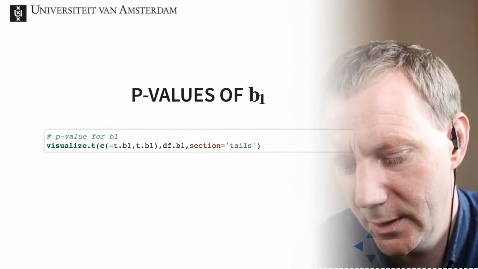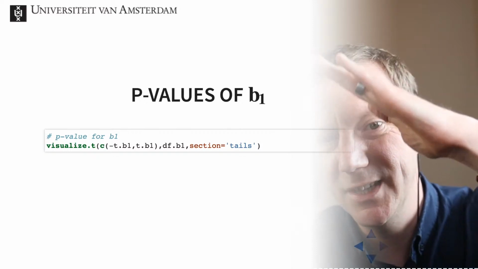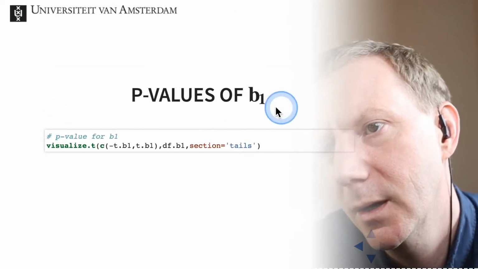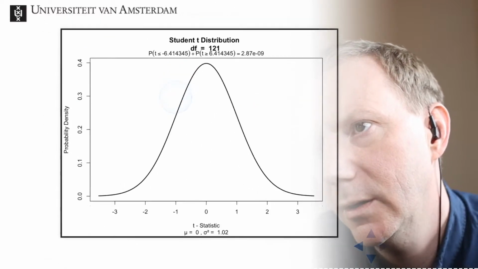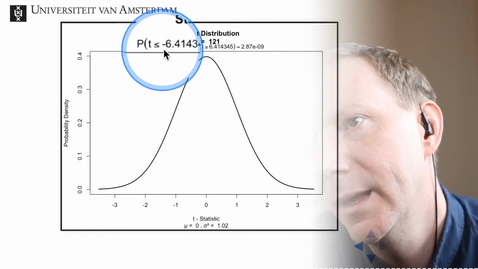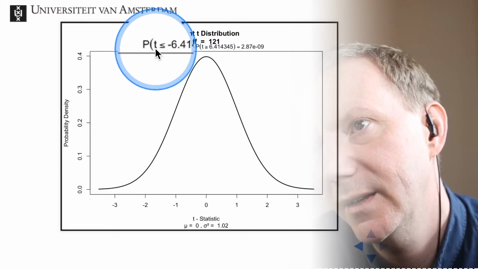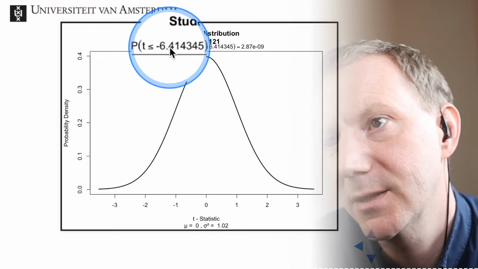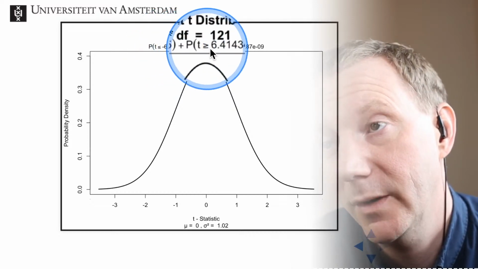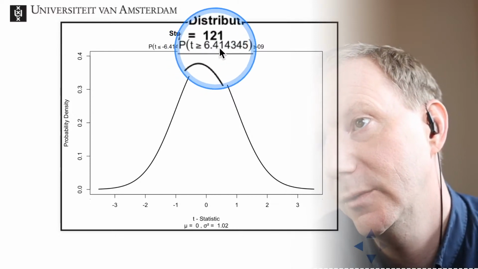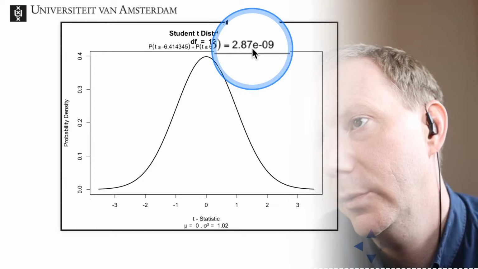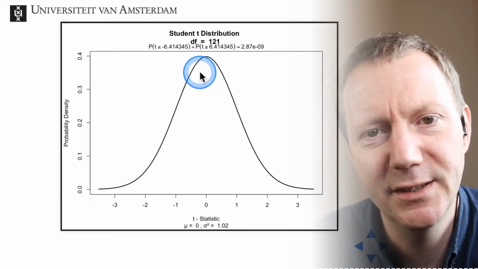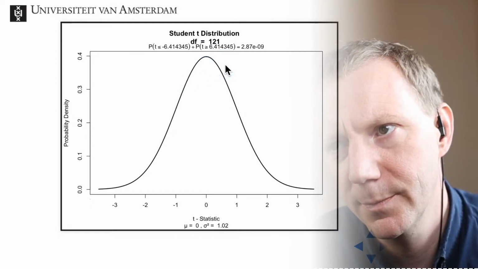But for B1, this one is of interest. We do want to know what the relation is between those two variables. And we found a t-value of 6.4. If we test two-sided, the probability of finding a t-value less than or equal to minus 6.4 plus the probability of finding a t-value higher than or equal to 6.4 is less than 0.00, a lot of 9 zeros. And so this result is highly significant.